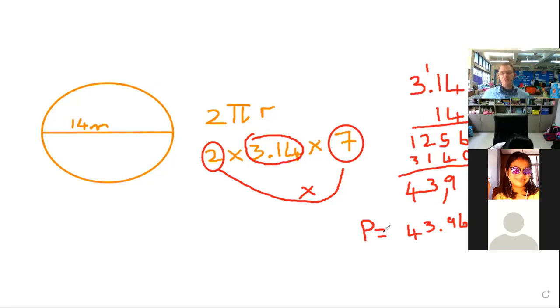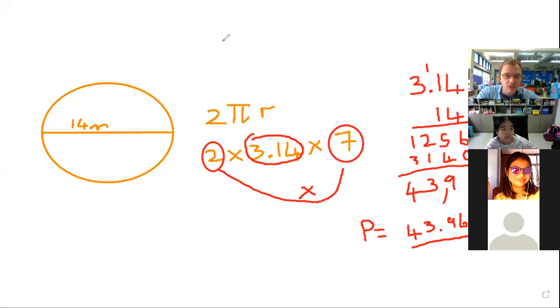How many times did they ask us to walk around the pool? 5. 5 times. So to make it a little bit easier, let's round this to the nearest whole number.